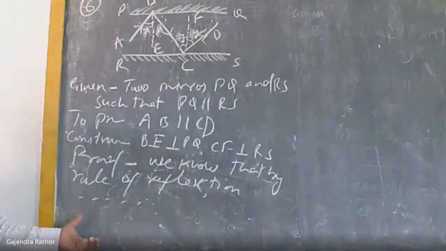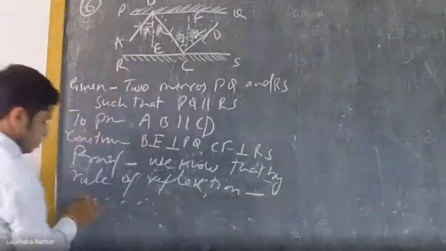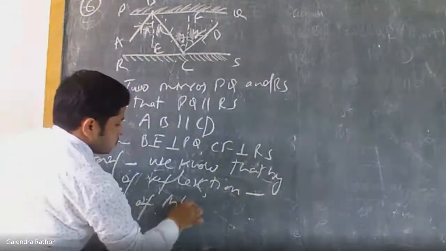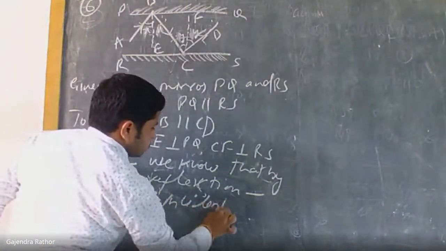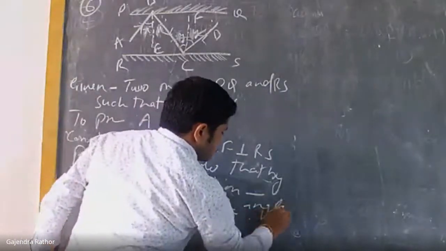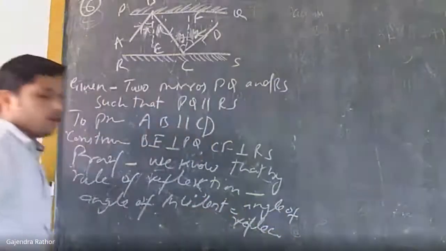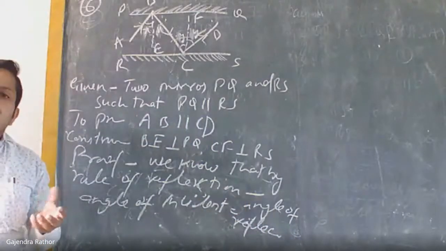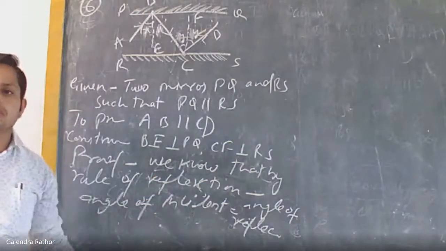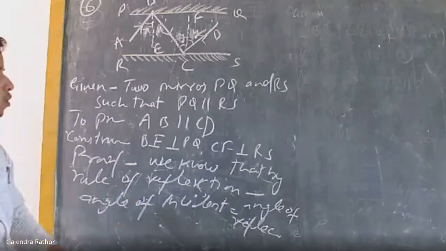After that, you will write the rule of reflection that the angle of incidence is equal to the angle of reflection. The first thing is that whichever rule we are using, we must first note it, only then can we use it. I noted this rule. Now we can use the rule.